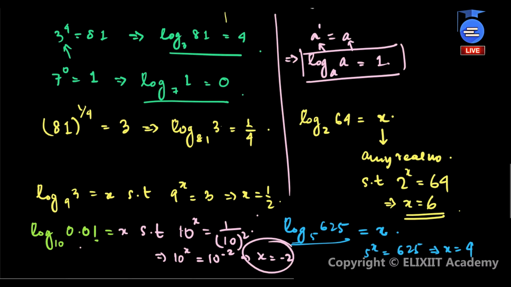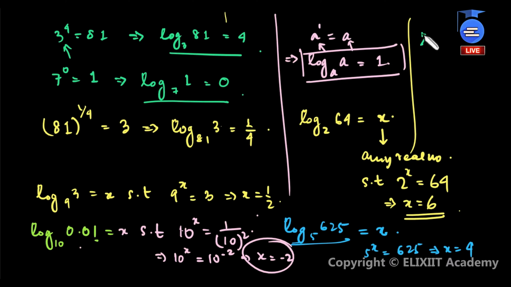Now suppose you are asked to find out what is log 1000 to the base 0.01. How will you find out log 1000 to the base 0.01?